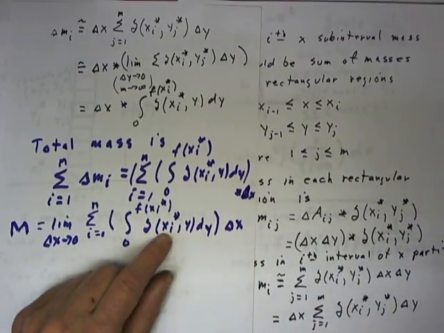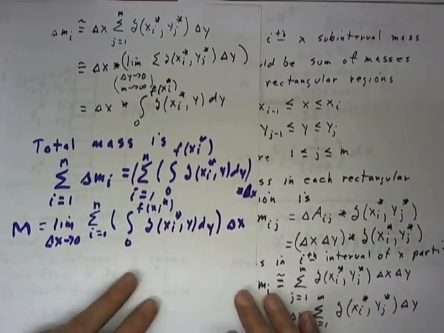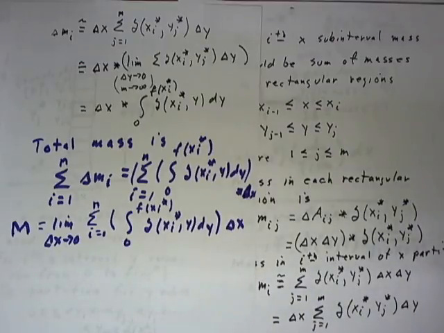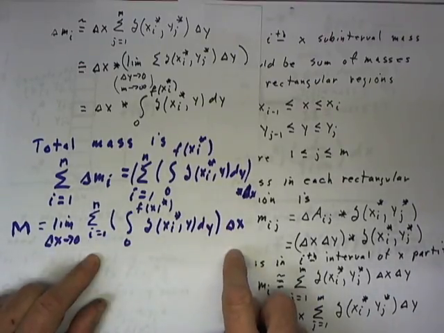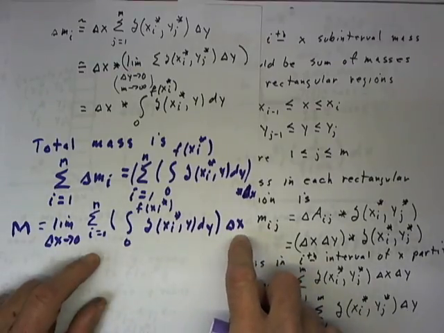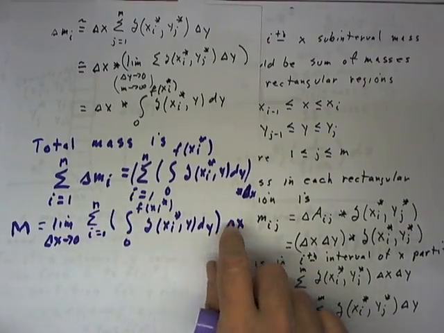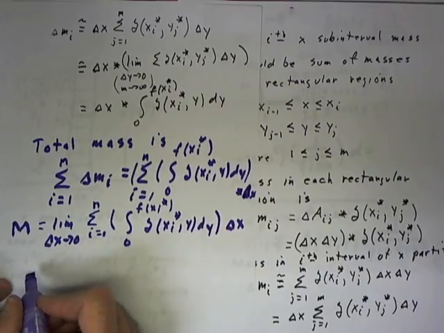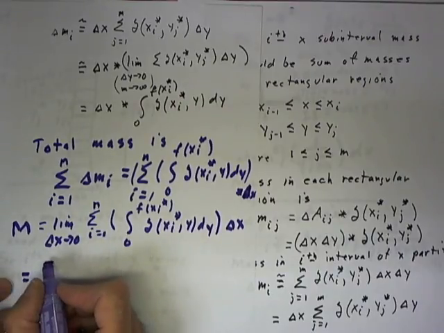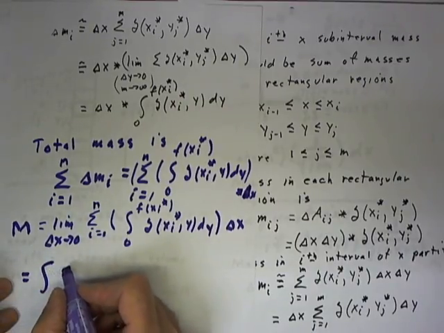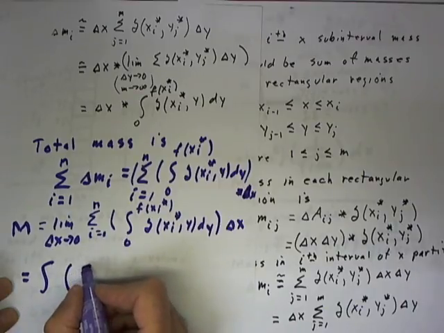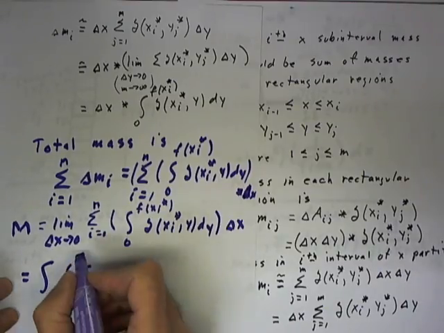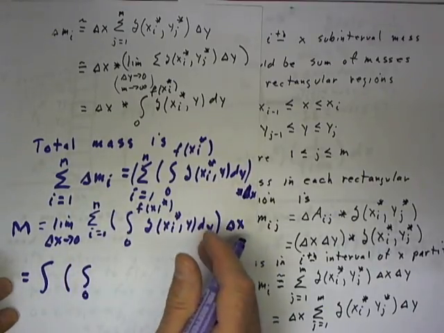Now it's our delta x that's approaching 0. So our x sub i's are going to be squeezed into tighter and tighter intervals. And our sum is going to approach an integral with respect to x, where our xi's simply become x's. So this becomes an integral of an integral. The inner integral is the y integral.